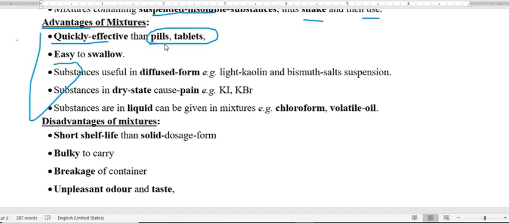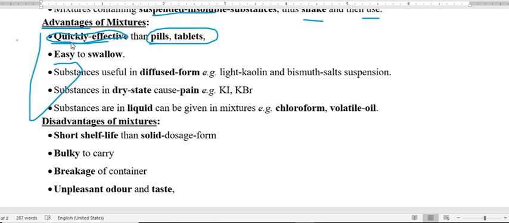So liquid forms of the drug like mixtures are quickly effective compared to solid dosage forms like tablets, pills, bolus, because first it is going to dissolve there at the surrounding where the drug is going to be absorbed, and then it will act.